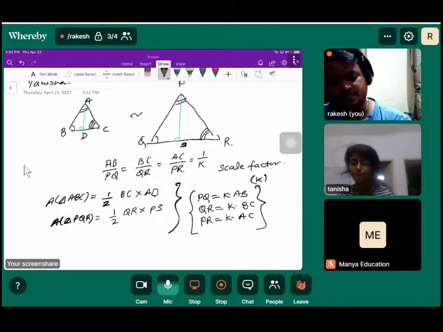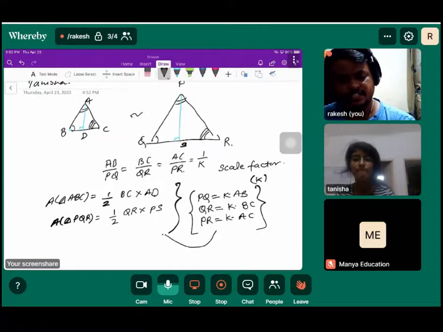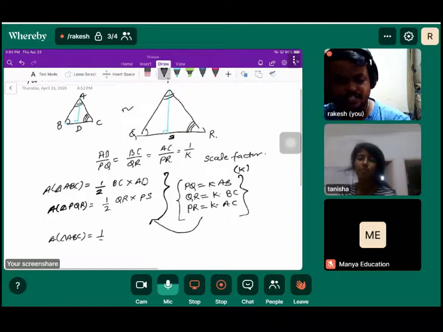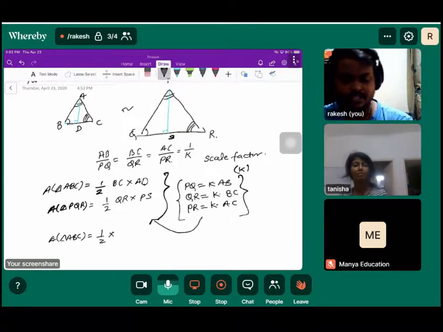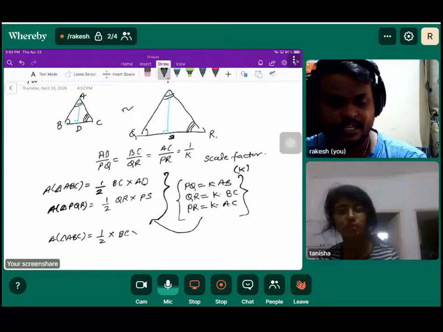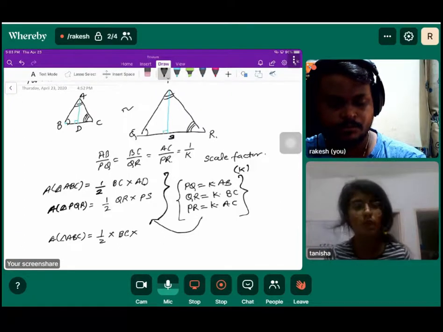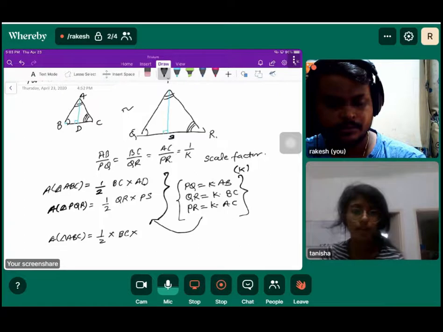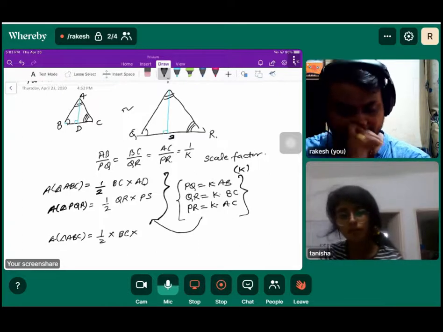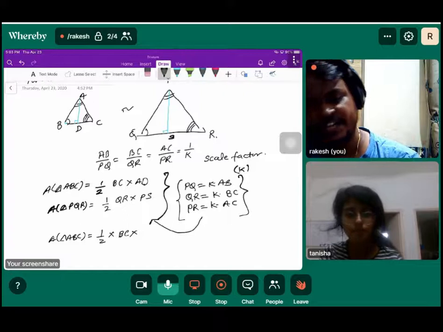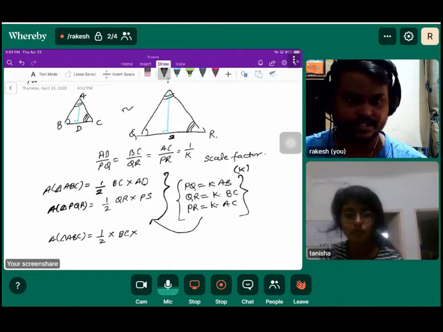So if you put this information here to figure out the area, what is the area of triangle ABC? That is half BC and AD. What is AD? The height, right? So AD is also k times PS, right?